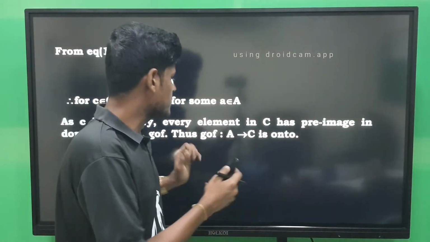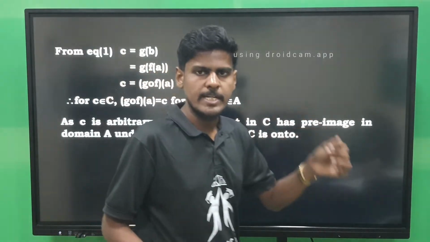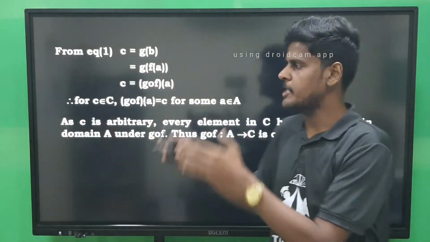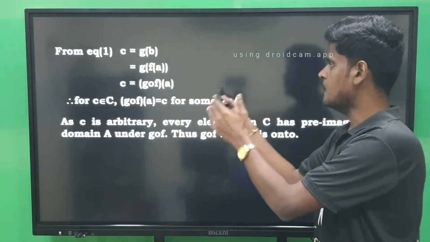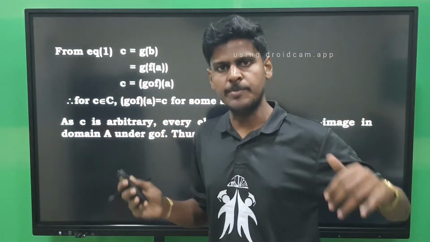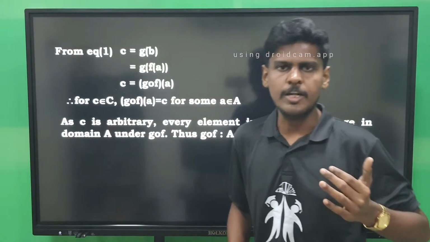So what we understood, students, g of f is nothing but a function that is mapped from set A to set C, and if it is a bijective function, we need to prove it is one to one as well as onto. For proving one to one, we just need to compare if two outputs are equal, the inputs should also be equal. That is the condition for one to one. And what is the condition for onto?